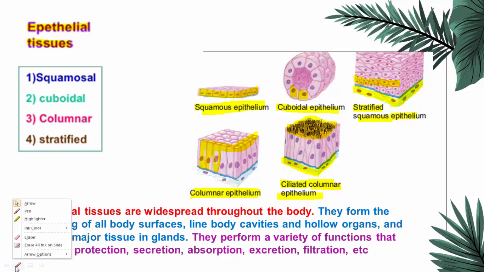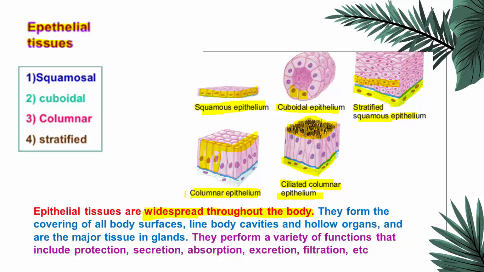Epithelial tissues are widespread throughout the body, like parenchyma. As you know, the parenchyma is the plant tissue which is found distributed in each and every part of the plant body. Like that, the epithelial tissues in the animal body, they are widespread.